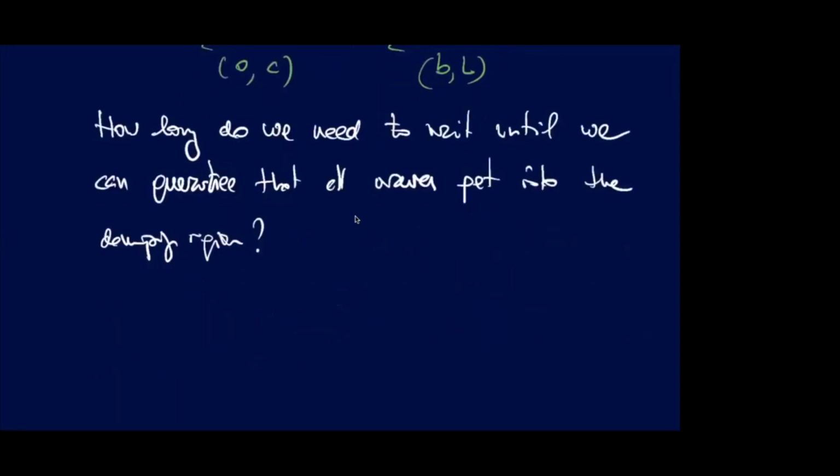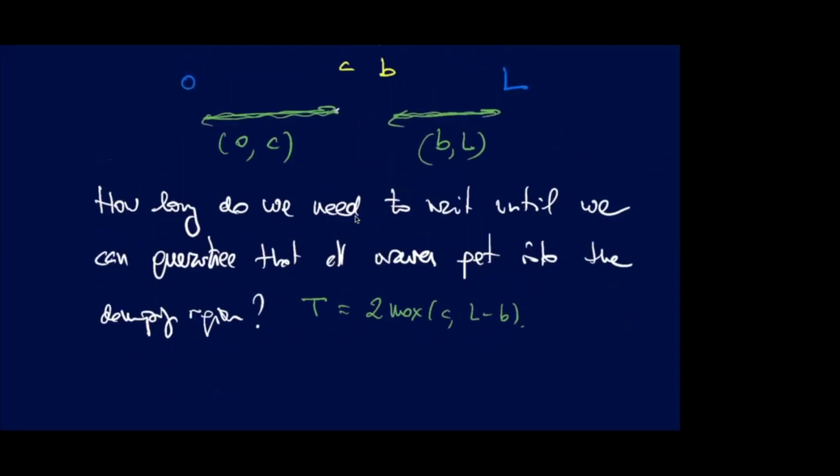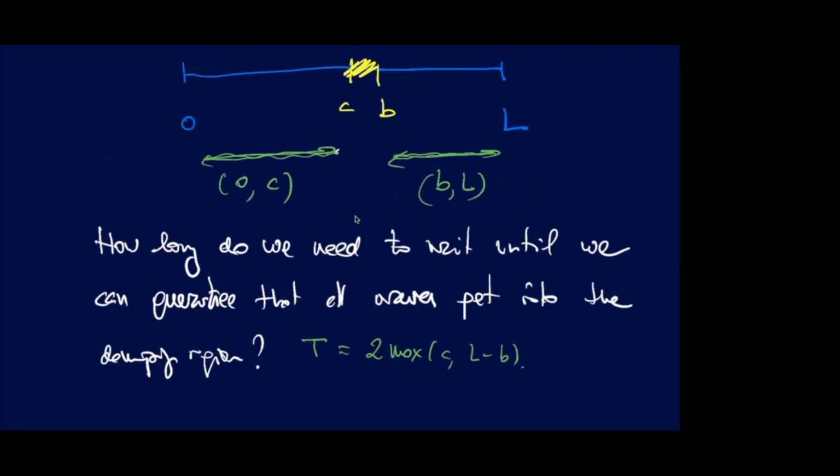So the time will be simply twice the max of A and L minus B. So you see that indeed, even though this is a continuum mechanical system in which the damping is only effective in this small patch, there is some hope to achieve the exponential decay, even if it needs some time to be effective.